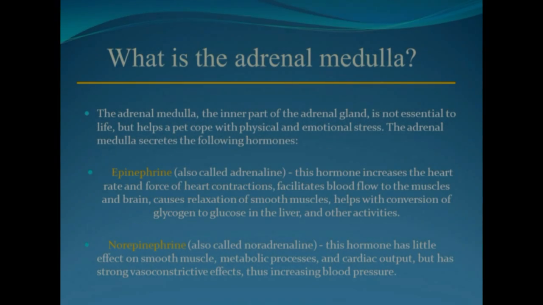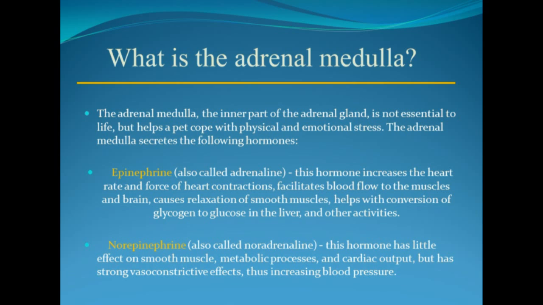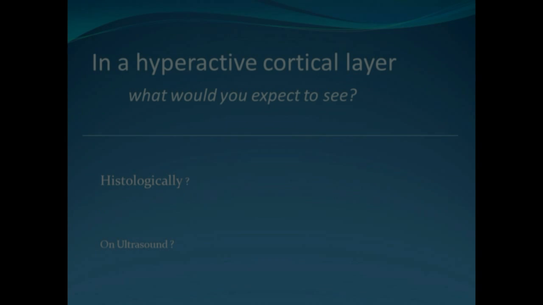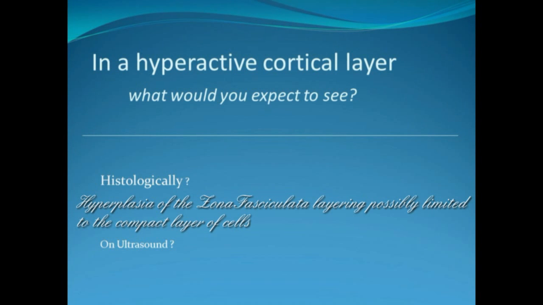So depending on the activity of the adrenal gland, which layer is hyperactive, you might want to consider that we might see on ultrasound some changes in that layer, similar to what we would see on abdominal ultrasound of the muscularis layer of the intestines, as an example of hyperplasia. So histologically, hyperplasia of the zona fasciculata layering is possibly limited to the compact cell layer.